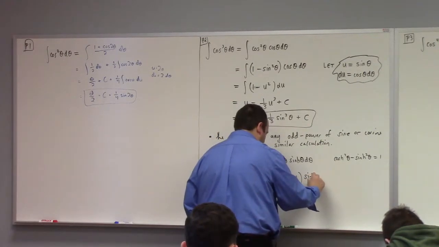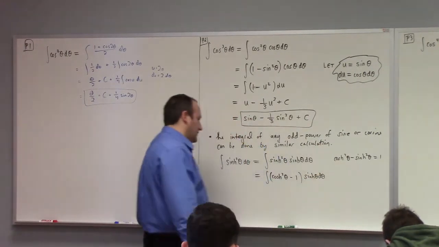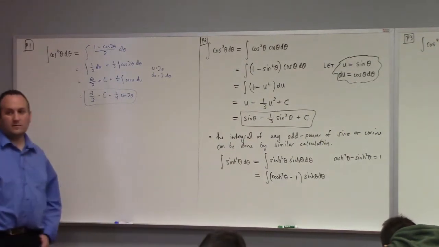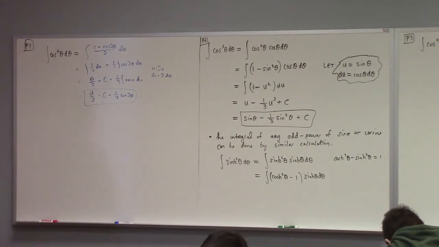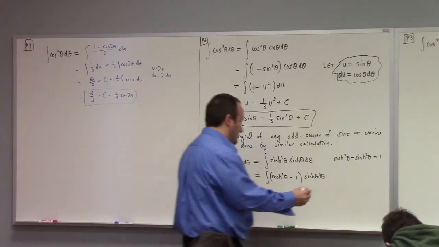And then we're off to the races, see, because we can make u equal to cosh. Cosh of theta is u. Du will be sinh theta d theta, and that's going to do it.